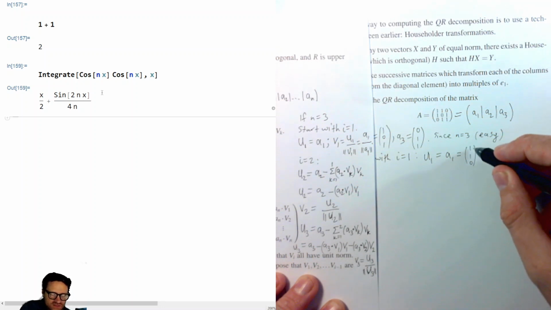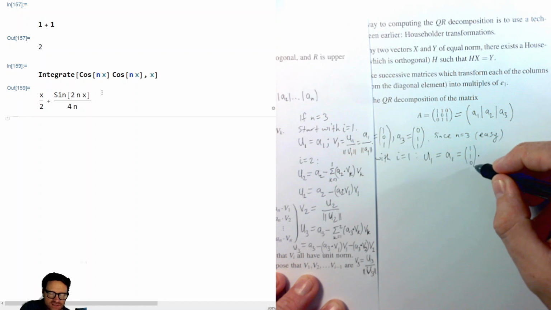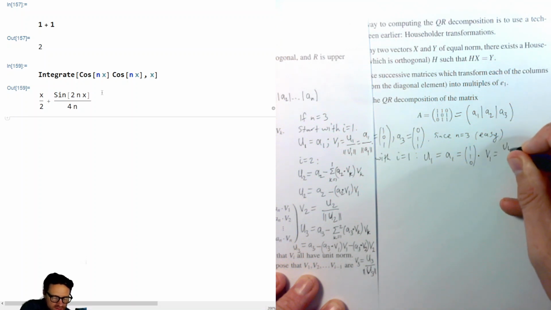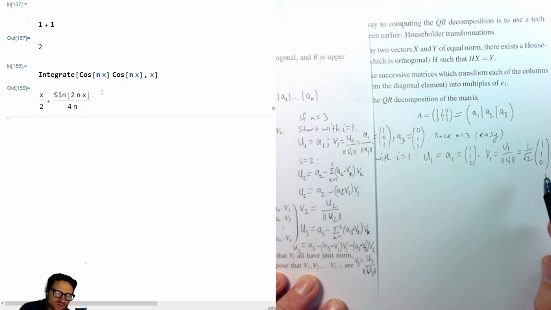The sum of the squares of those entries is 2, and so the square root of that is root 2, and so V1 is U1 on the norm of U1, which is 1 on root 2 multiplied by the vector 1, 1, 0. So this is our V1.